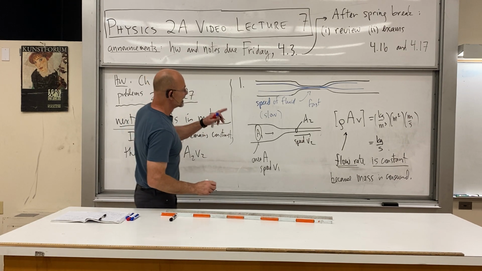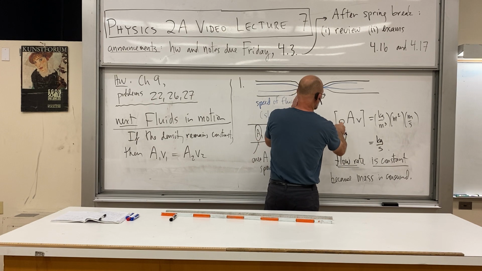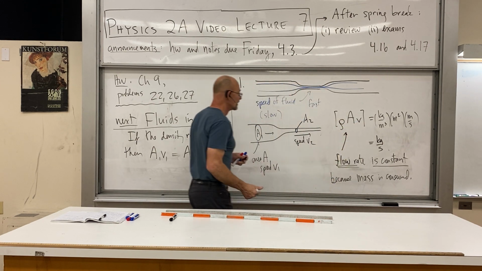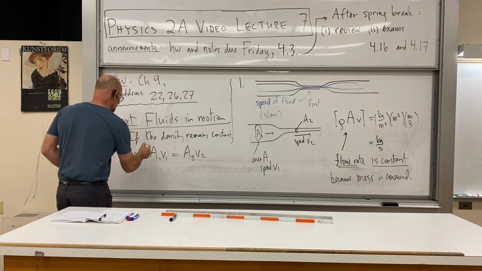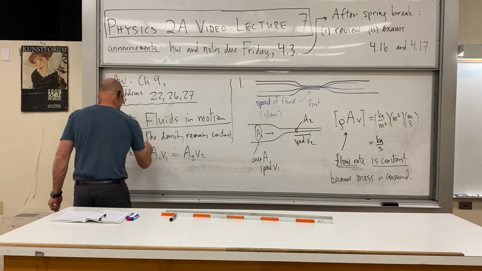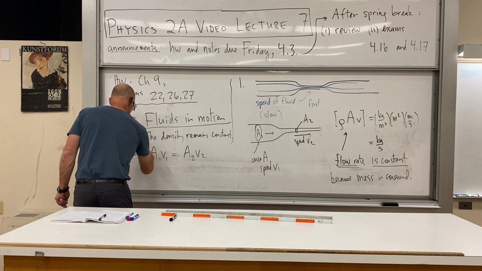It means that I can write rho 1 A1V1 equals rho 2 A2V2 as an equation. I can cancel the density from both sides, and this is called the continuity equation.